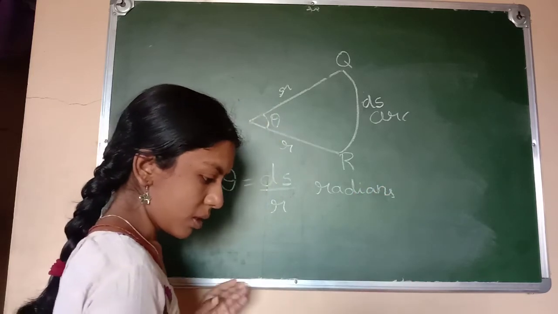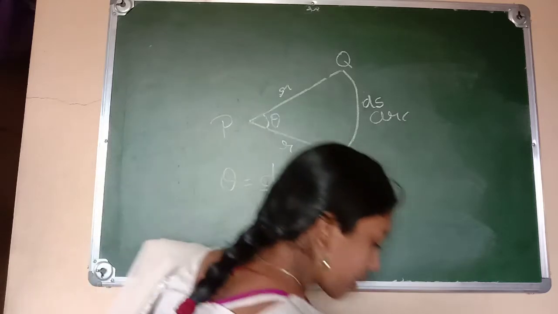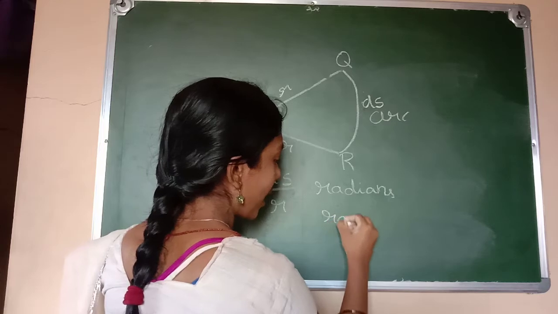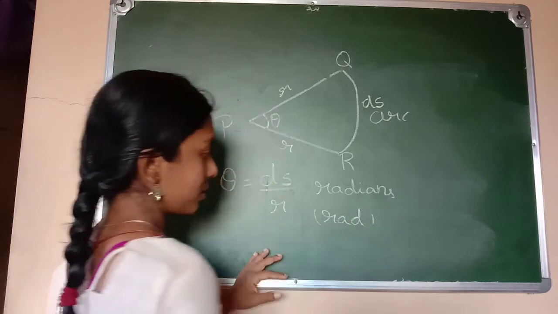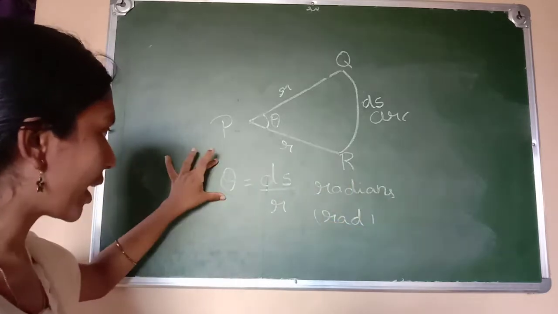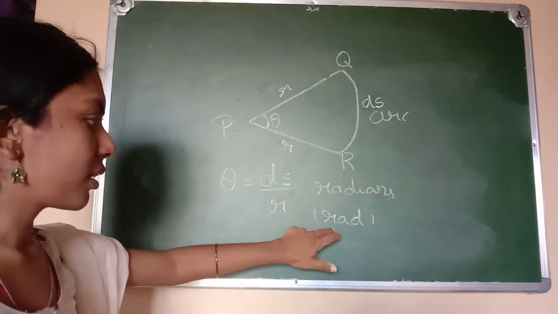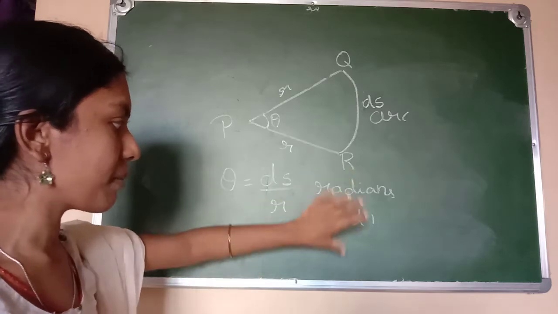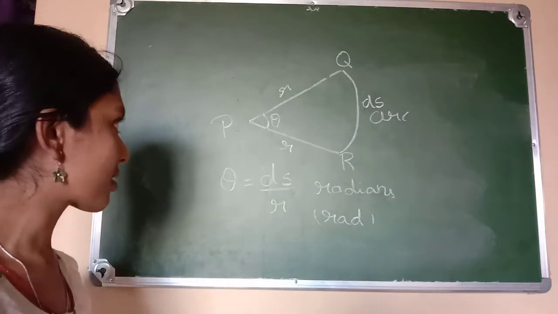So this is the unit, and the symbol for radians is rad. This is the unit name, and this is the symbol for radians.